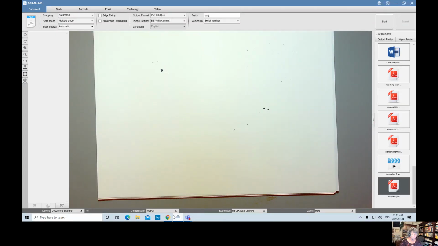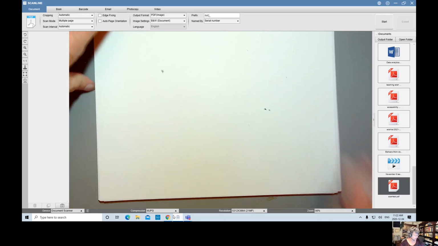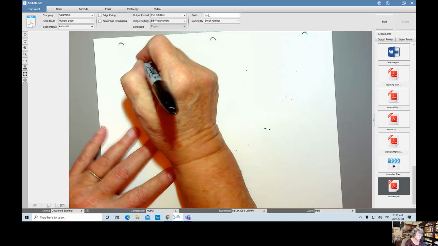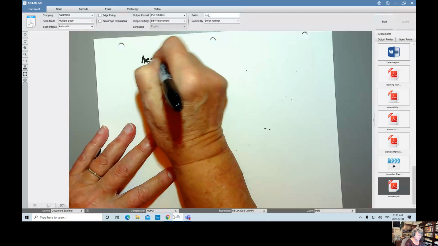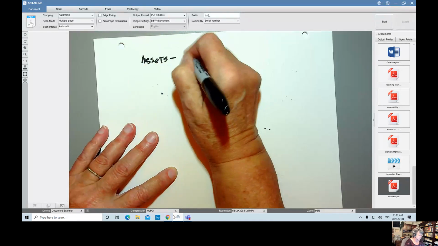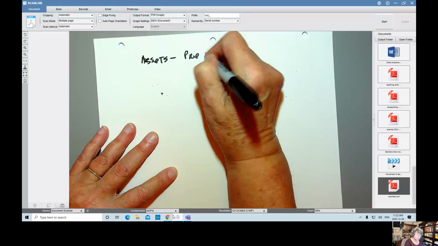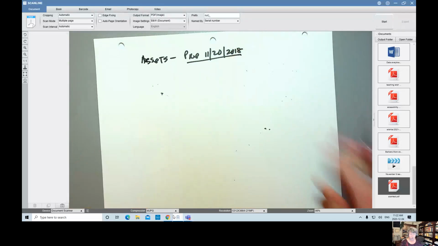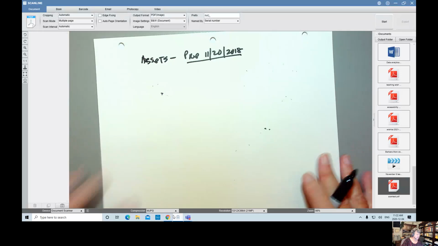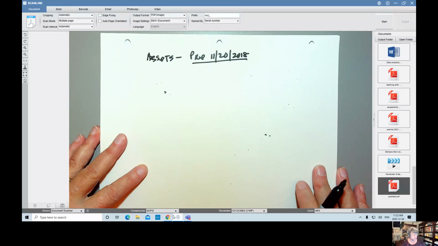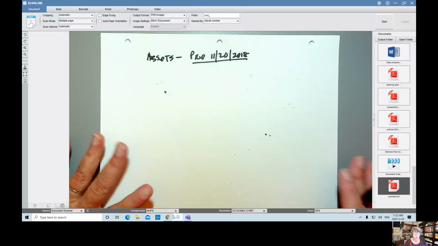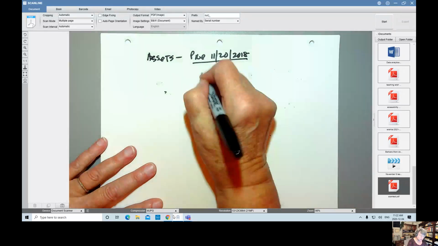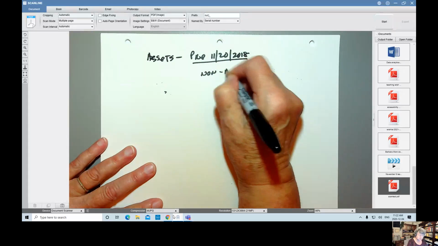All right. Now, the first slide you see in terms of mechanics, slide 5 in the CCA, talks about assets acquired pre-November 20th, 2018. So, we clearly are not in that time frame at this point, but I do want you to be aware it's possible you would see these rules if you have a non-arm's length acquisition in some situation.